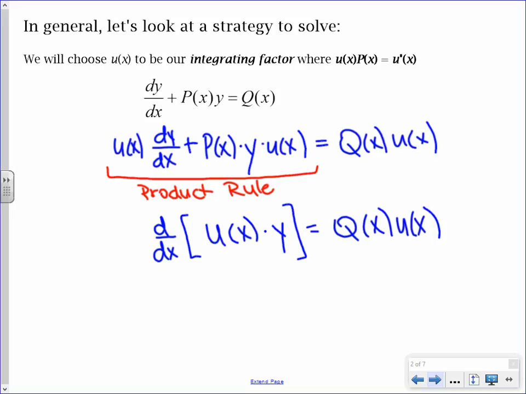Isn't that like 3 different factor products though? Because p of x times u. Well, okay. Let me maybe do this for you. Since p times u is u prime, this is like u times u prime of x, and this is u of x times y prime.